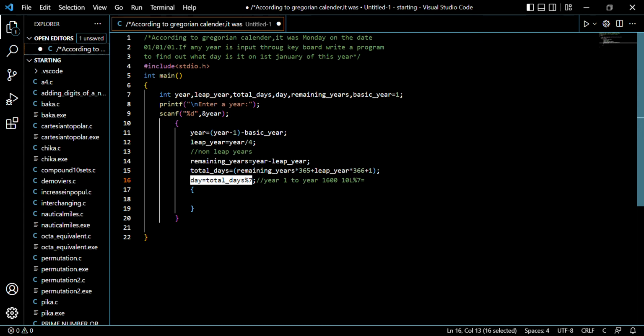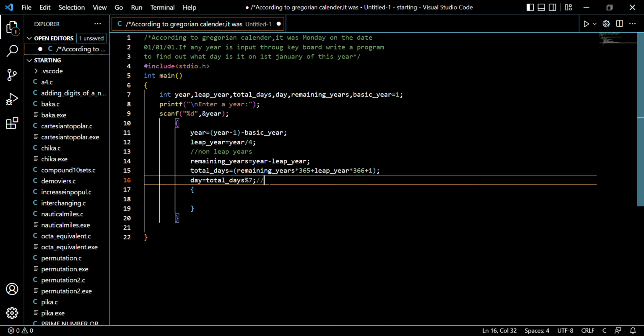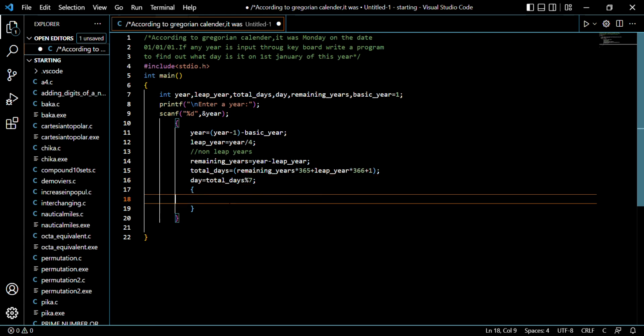So we have gone through 10 lakh days, but the 99,999th day is what we require. If the 999th day is exactly divisible by 7, it's going to be 0. That would be a Sunday. If it's 1, that's going to be Monday. If 2, Saturday, and so on.